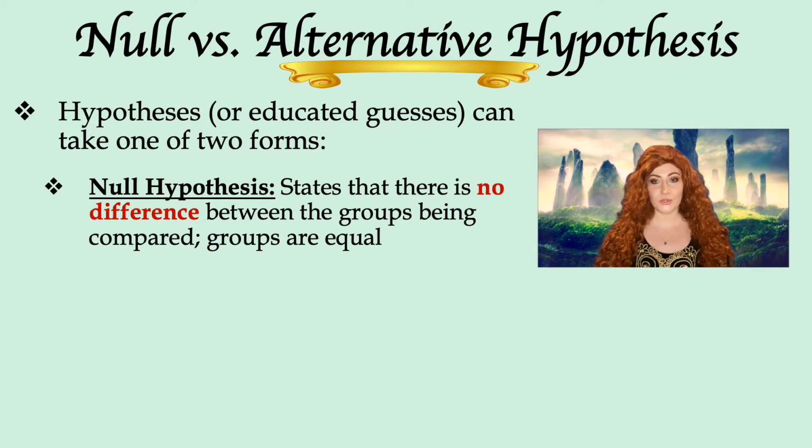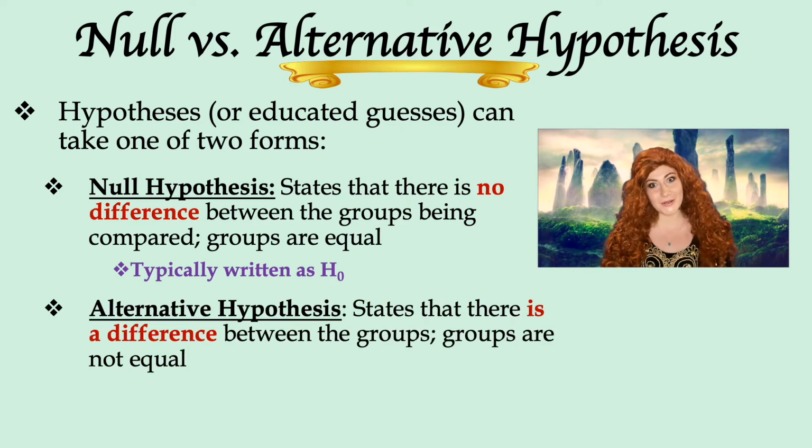In other words, the groups are equal. So if I'm comparing a sample mean to a population mean, my null hypothesis would be that there is no difference between the sample mean that I've collected from my sample and the population mean that exists. And it is typically characterized as H, which stands for hypothesis, with a subscript of 0, because null means 0.